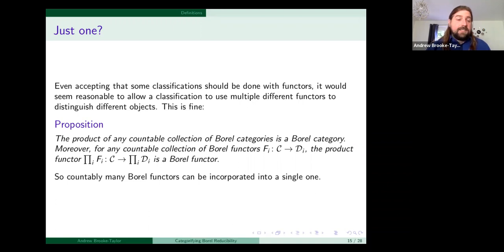So that's a good point. Yes, I hadn't thought of that. Thank you. I have to work on my patter for why this is fine. But in any case, for this talk, that's all I'll be looking at, a single functor.